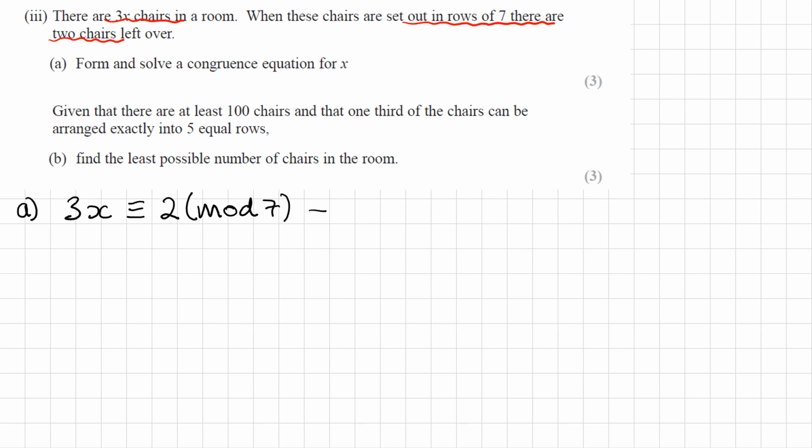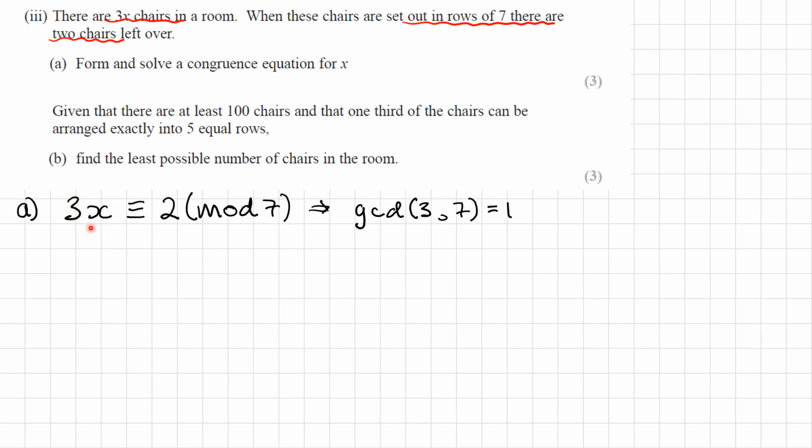Now let's work out how many solutions this congruence equation has, and we'll do that by working out the greatest common divisor of 3 and 7. Since we've got a modulo of a prime number, we're just going to have one solution. The greatest common divisor of 3 and 7 is 1.